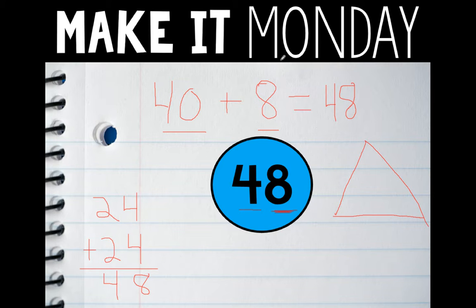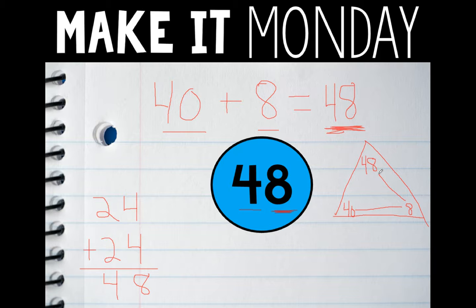And if I was going to make this 40 plus 8 equals 48 into a fact family, I know that I have to take the largest number in my equation and put it at the top of my triangle. Then I'm going to put 40 and 8 at the bottom. Here's my fact family. I know that 40 plus 8 is 48.